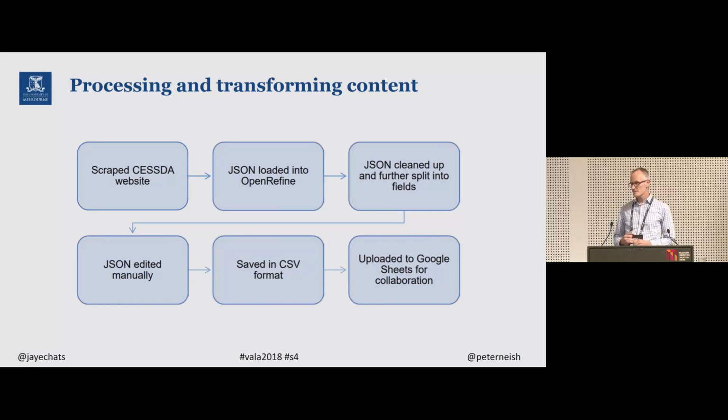It can do amazing stuff, and it is actually fairly simple to use to combine fields, merge fields, make that data cleaning up and a bit more usable. Some of it we had to edit manually, and then we saved it in the CSV format, and we shared that around using Google Sheets.